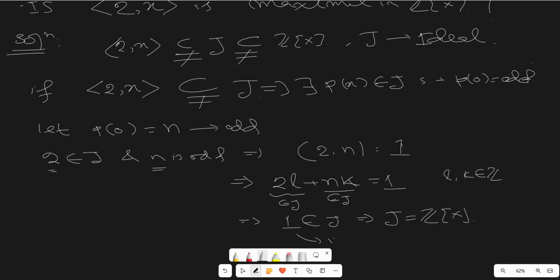Because this is a unit, J contains a unit, so J has to be equal to the entire ring. Okay, so we have proved that if any ideal contains a unit, it will be equal to the entire ring.